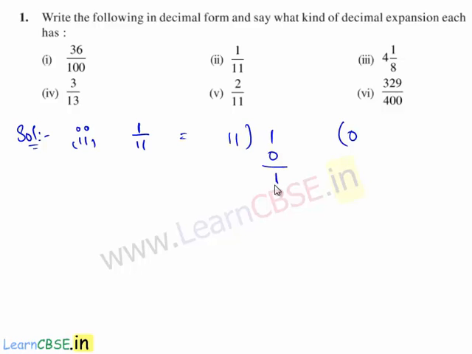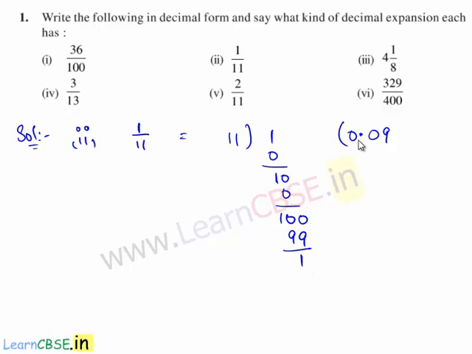Since 11 does not go in 1 again, we take a decimal point, so 1 becomes 10. Again 11 does not go in 10, therefore we take a 0, as 11 times 0 is 0, therefore the remainder is 10. Now because of the decimal point, 10 becomes 100. Now 11 goes in 100 9 times, as 11 times 9 is 99, and we have the remainder 1.